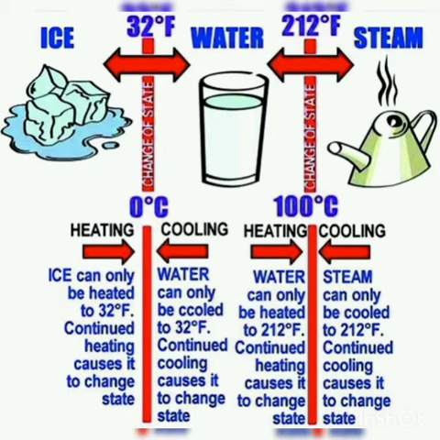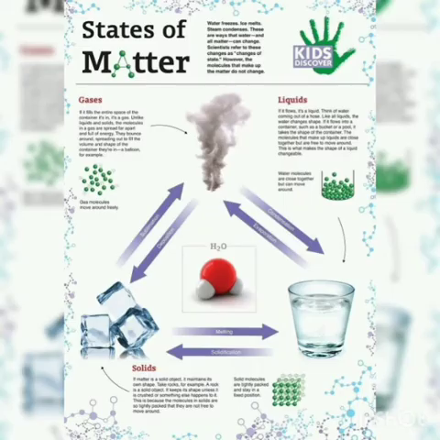So the particular temperature at which a solid changes into liquid is called the melting point. Each and every substance has a different melting point. It's not the same. Butter will melt at one temperature, coconut oil at another temperature, ice at another.